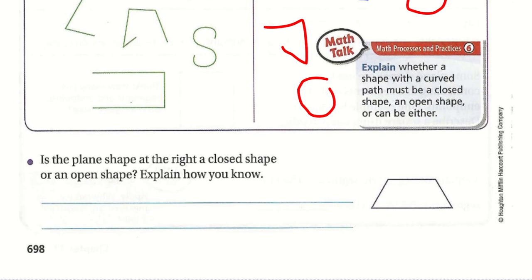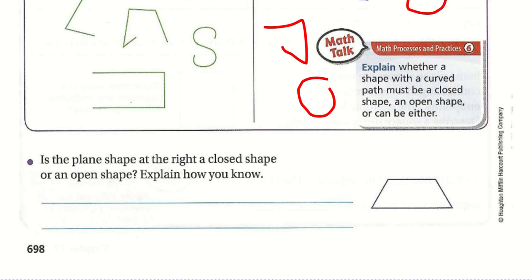Okay, this one says, is the plane shape at the right a closed shape or an open shape? Explain how you know. If we look over here, to try to get inside the middle of that shape, you would have to cross over a line, which means there is no gap. So there is no opening, which makes it a closed shape.